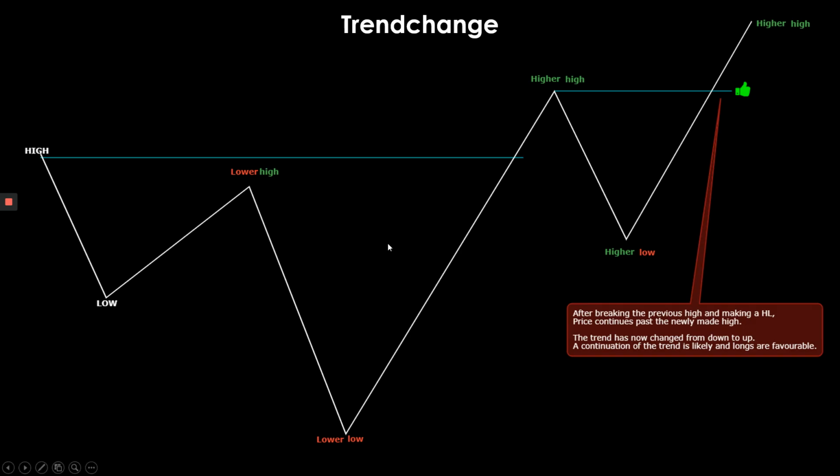So on the point that you have your low, and then whenever that high is being breached again, just for clarity's sake, and then creating a higher low and then breaching that higher high again, you could say that the downtrend has now ended and has transitioned into an uptrend. And that would make a good case to start looking for a long.